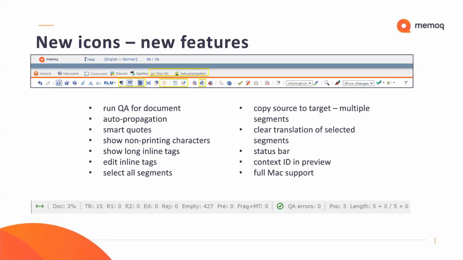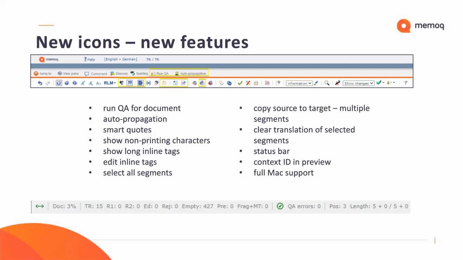Some other features that will probably increase productivity include selecting all segments, which has been somewhat painful up until now. So you can just either click the icon or use the normal shortcut that you would use in the client.